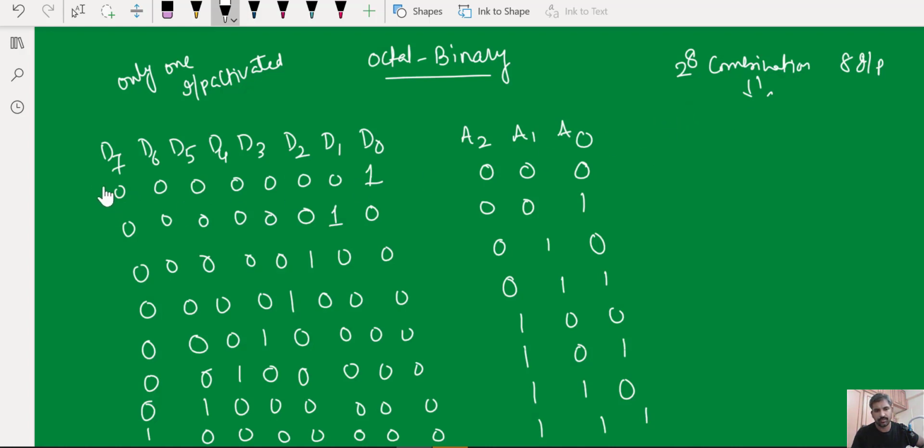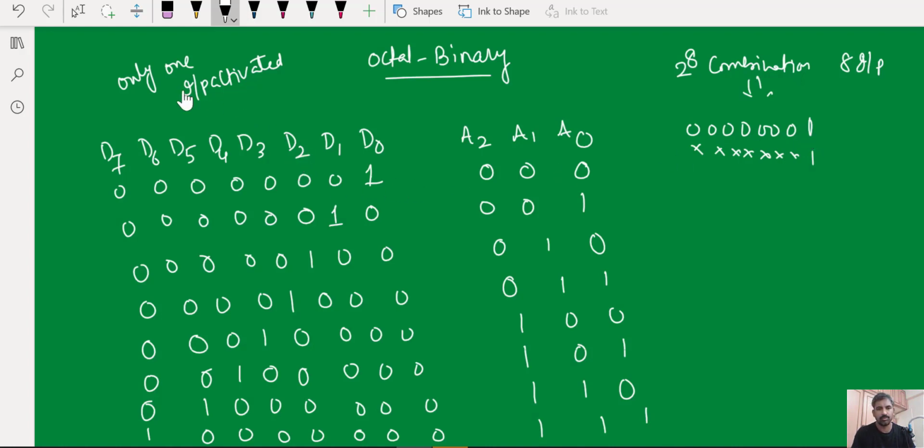That means if you consider the first case, you are having 0 0 1, any other combination will be don't care. Once one input is 1, you don't have to consider the other inputs. That's how we are going to design our circuit. That's why we don't consider all possible combinations of 2 power 8. We consider only whenever one particular input is 1.